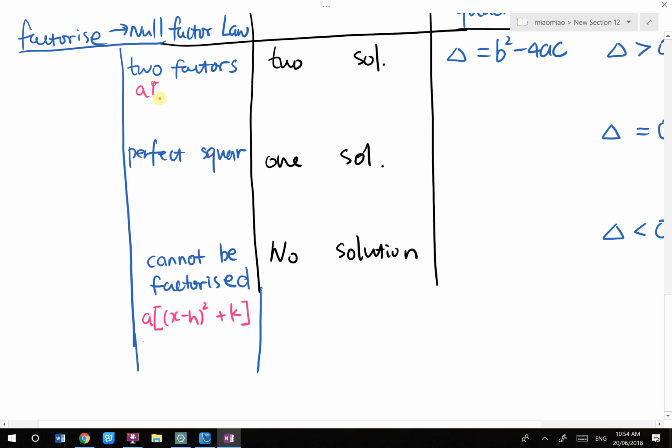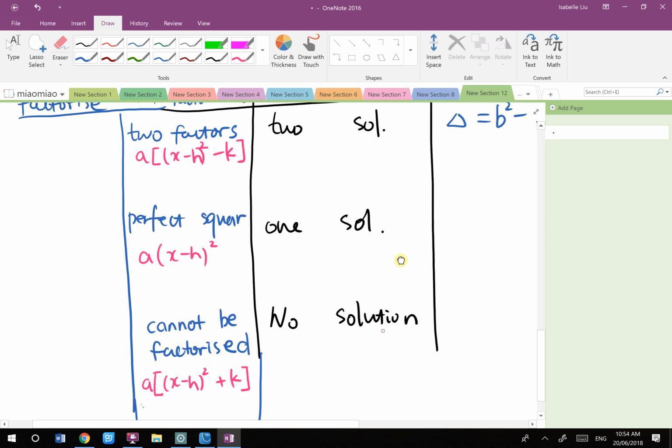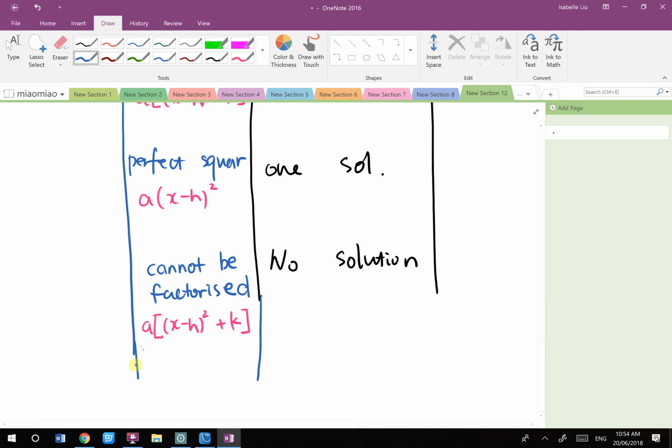If you have a(x minus h) squared minus k, it means you can factorize. When you have a(x minus h) squared with no k value, that means only one solution. This column shows completing the square. This is the method for that, completing the square.